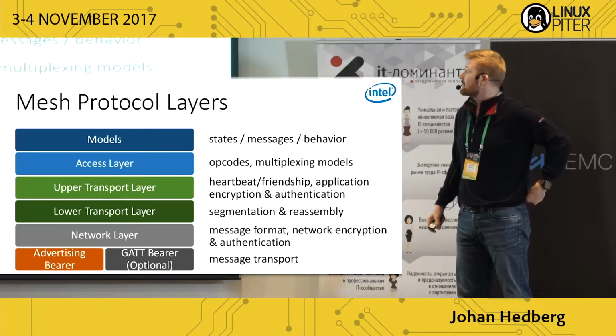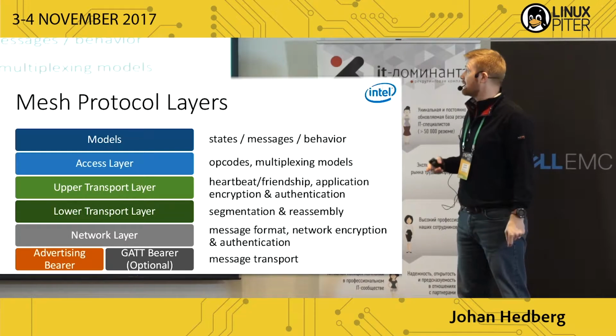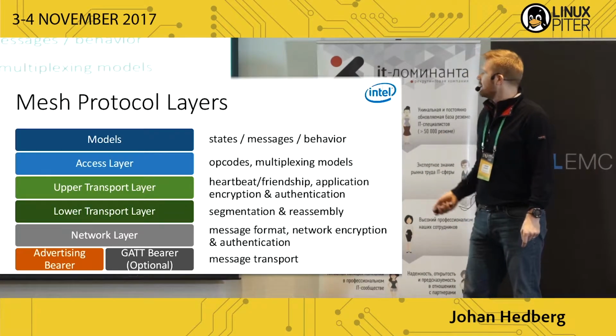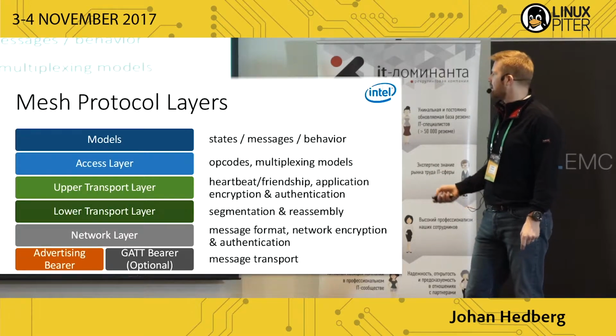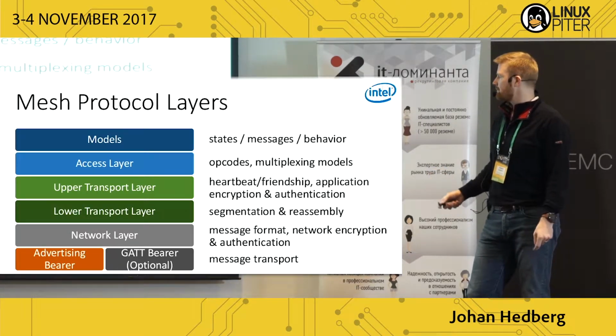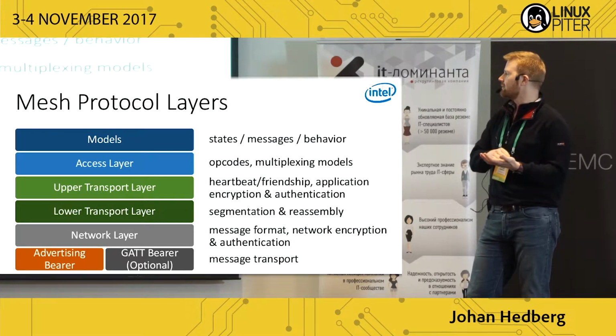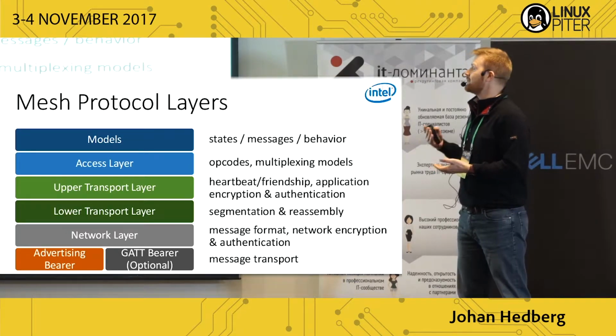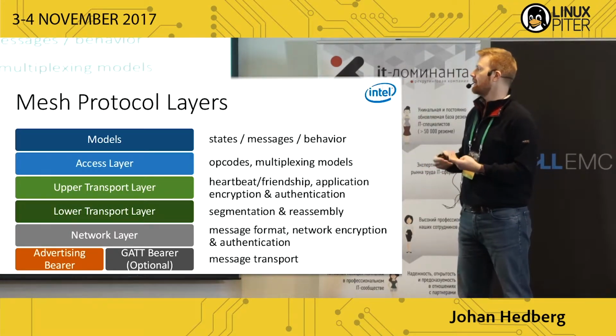A little bit about the layers. It's not a particularly simple specification as such. If you start from the bottom there, you've got the two transport bearers that mesh supports. The native mesh transport bearer is the advertising bearer.